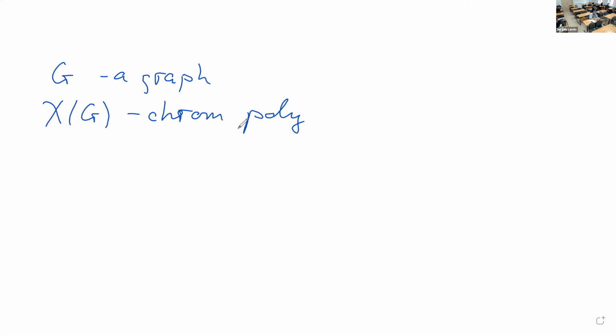You know, if we have an arbitrary graph, and we take its chromatic polynomial, which depends on q, and this will be some sum of minus 1 to the power i, c_i q to the power i.